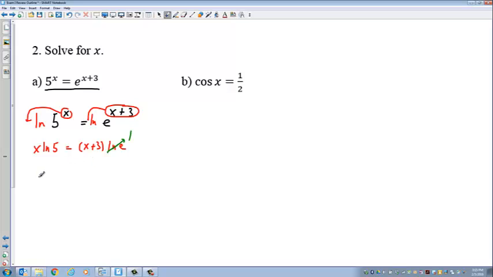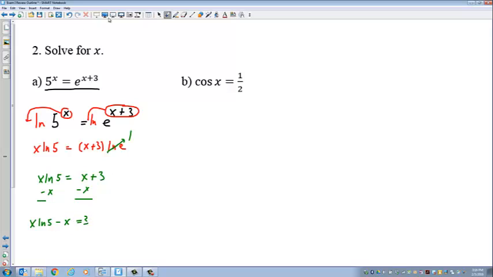And so we have x ln of 5 equal to x plus 3. And this is really a linear equation. To solve a linear equation, the idea is get all the x stuff to one side. So we'll subtract x from both sides, and we'll get x times ln of 5 minus x equal to 3.